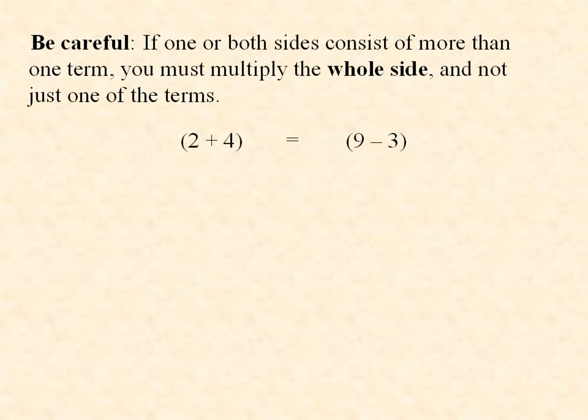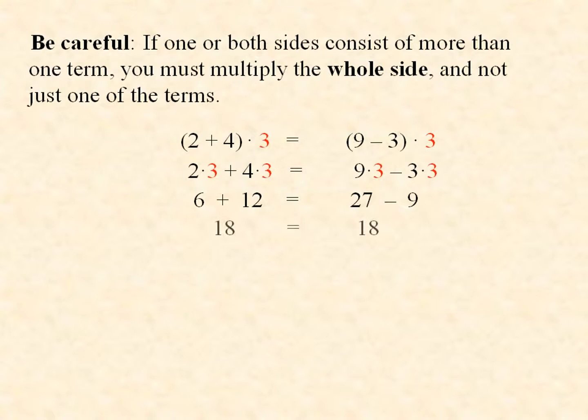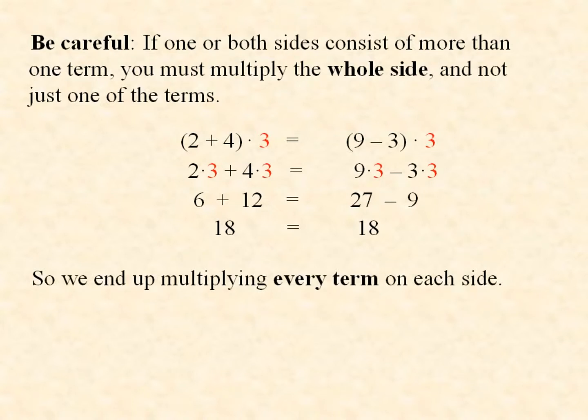If we now decide to multiply both sides by a number, in this case 3, we must multiply the whole sides, and we can use the distributive property to do that if we wish. It looks like this. And that gives us 6 plus 12 equals 27 minus 9. So you have 18 equals 18. We end up multiplying every term on each side.